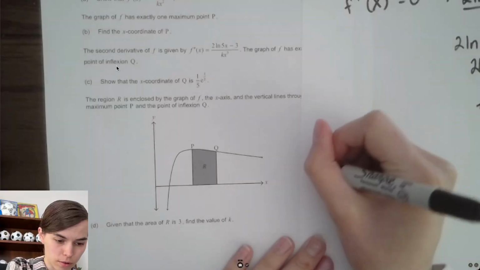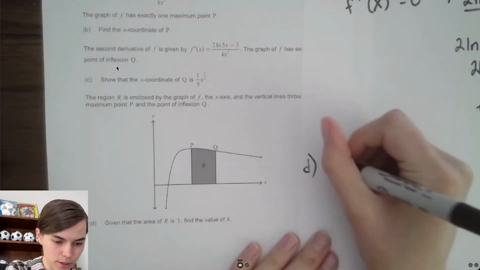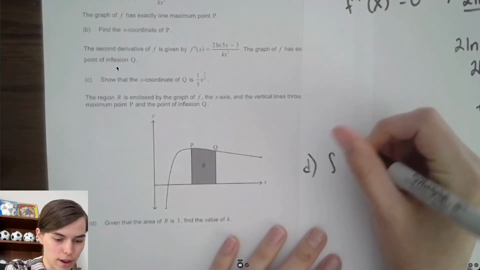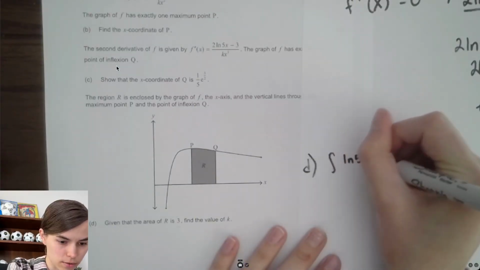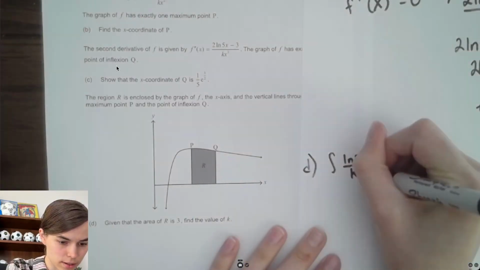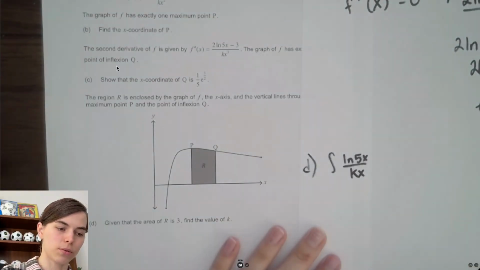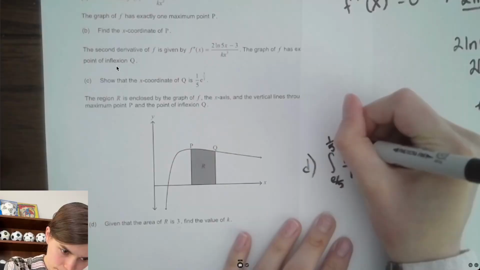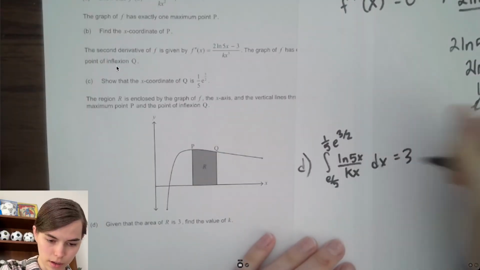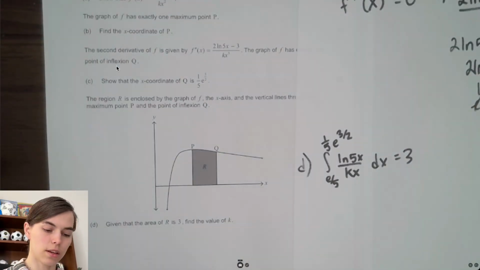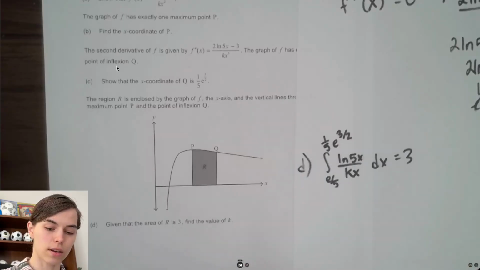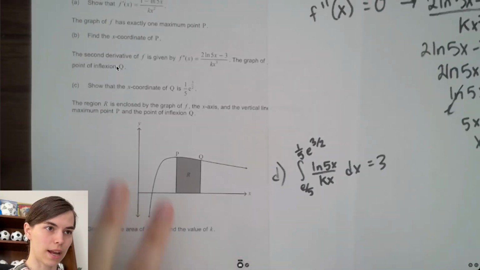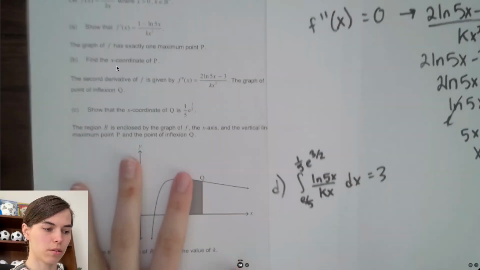So for D, we need to do the antiderivative of the original f function, which was ln of 5x over kx, from the bounds that we just found for p and q. So p was, and we know it equals 3. So let's just take the antiderivative of this guy, and then we can use that in the end to find out what k is when the answer is going to be 3.